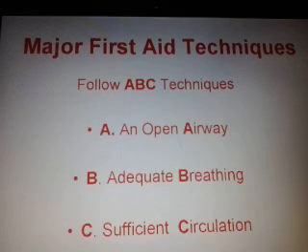As we know, for life to continue, a person must be able to take oxygen into the lungs, and this in turn must be distributed throughout the body.